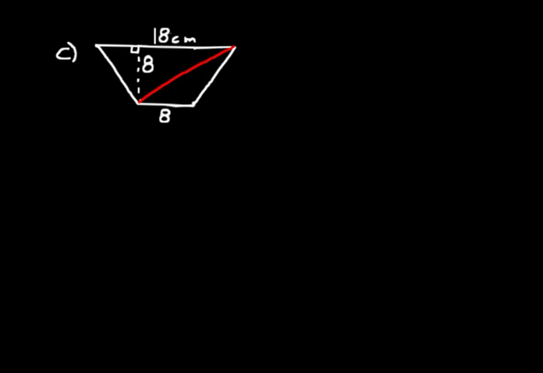The triangle on the bottom has a base of 8 and a perpendicular height of 8. The triangle on top has a base of 18 and this perpendicular height of 8. We'll use centimeters for our units on this problem.